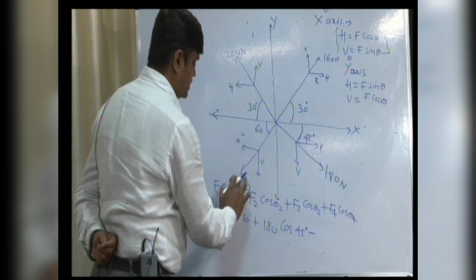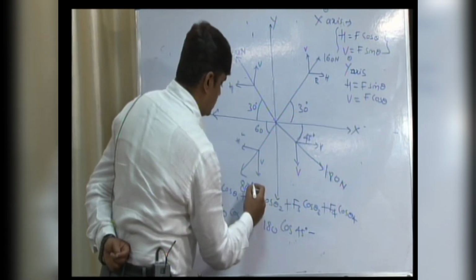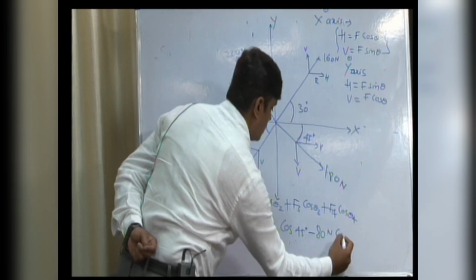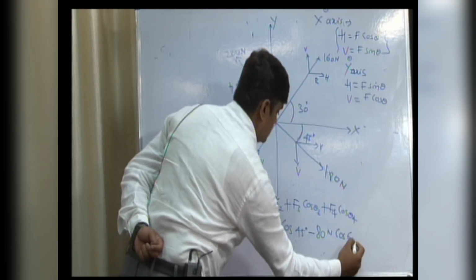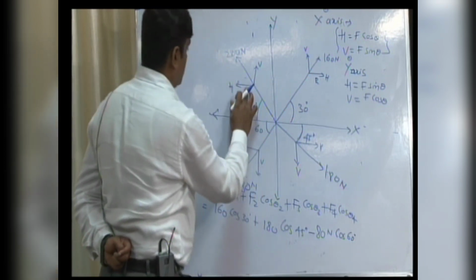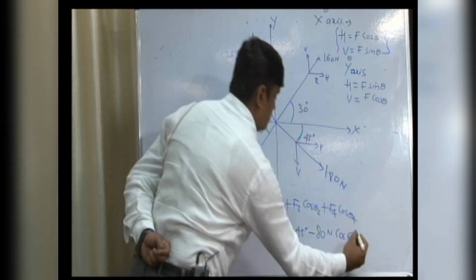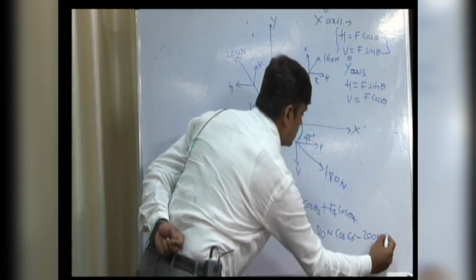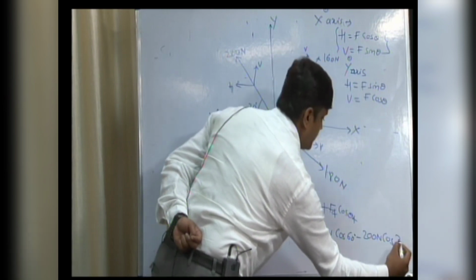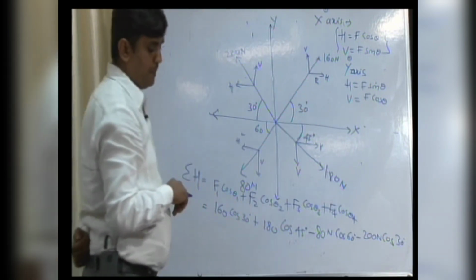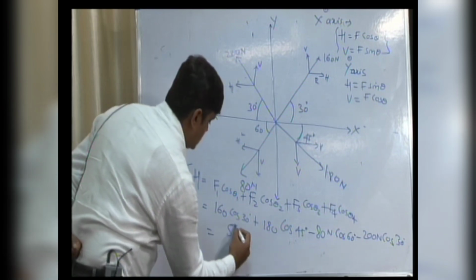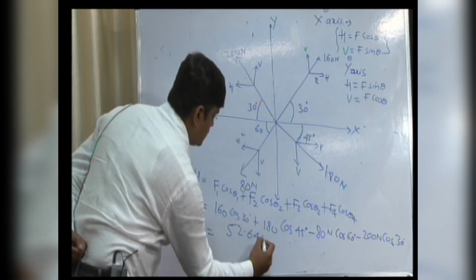The force is 80 Newton of cos 60, and F4, again it is left side, minus, force F4 is 200 Newton cos 30 degree. Solving this, we get the answer 52.64 Newton.